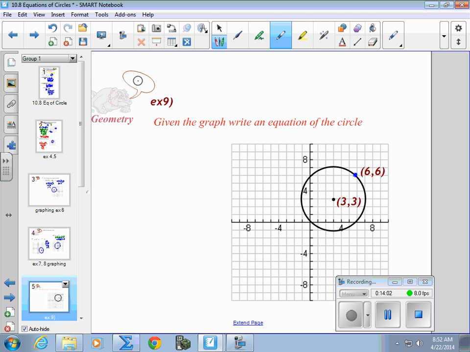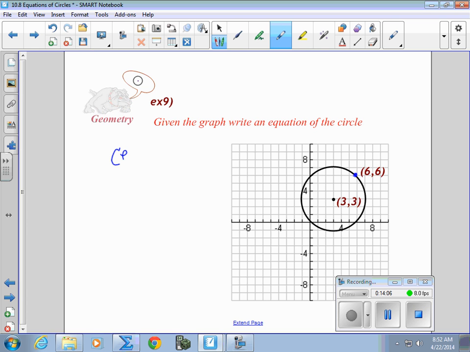So they are giving us the center at 3, 3, and a point on the circle at 6, 6. So let's write our equation.